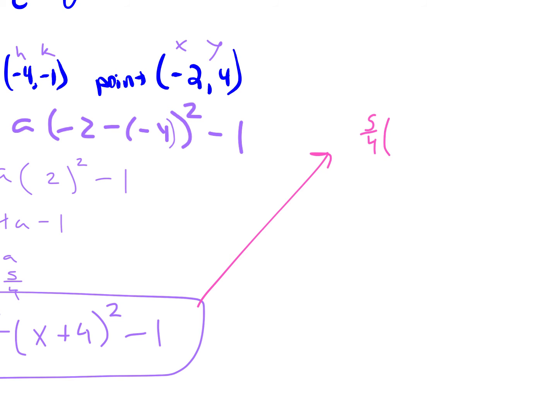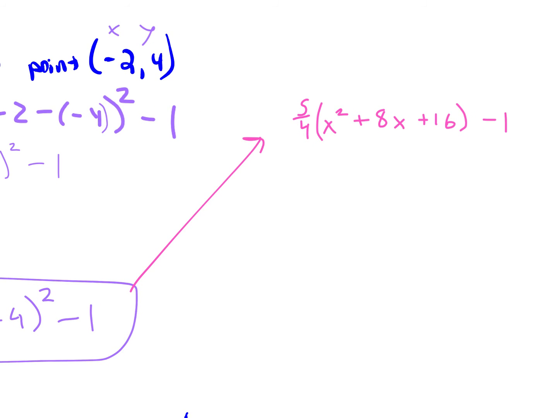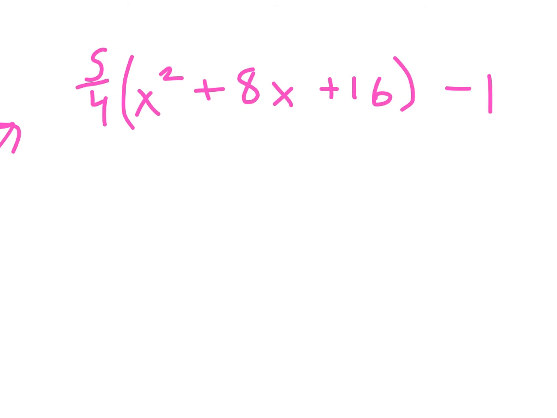5/4 times x plus 4, I have to FOIL, so x squared plus 8x plus 16 minus 1. What should I do next?